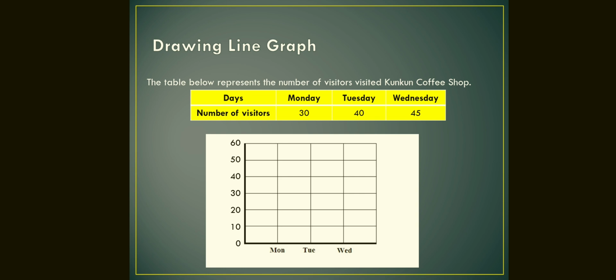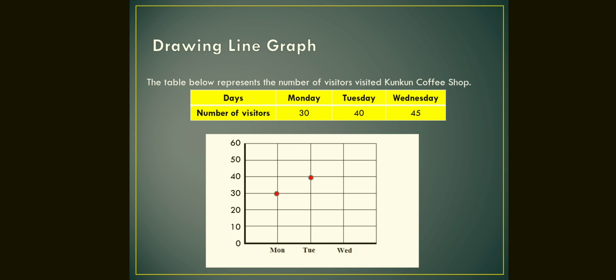Monday, there are 30 visitors on Monday. Then draw a point above Monday that matches 30. And then Tuesday, 40. Draw a point above Tuesday that matches 40. And Wednesday, 45. Do you see 45 on the y-axis? No. If you do not find 45, then imagine where 45 should be. 45 is in the middle of 40 and 50.